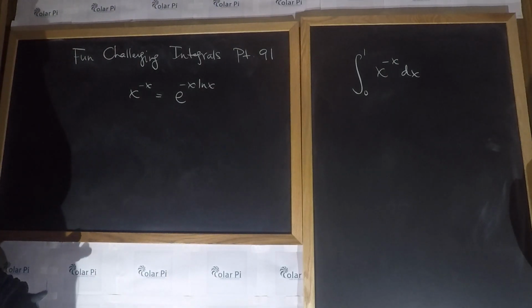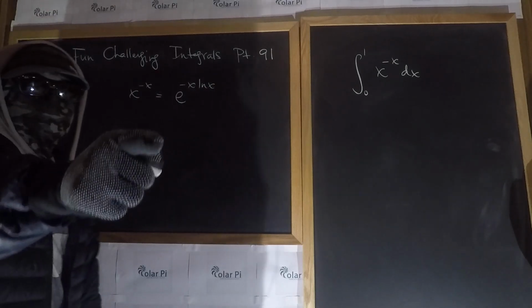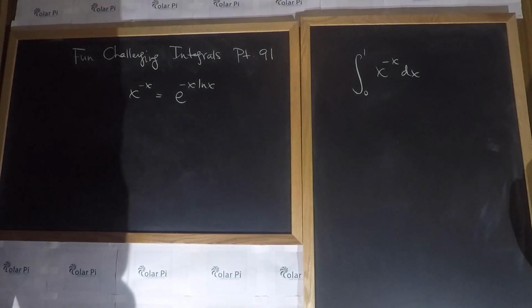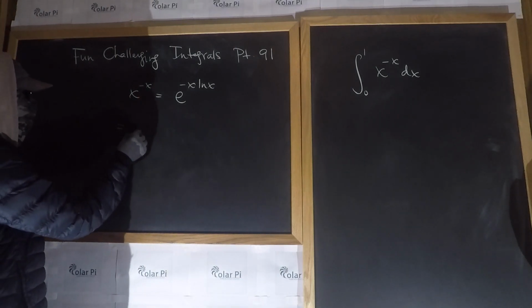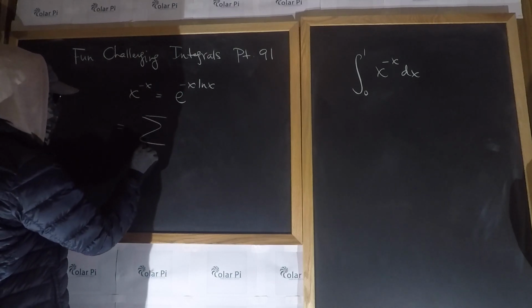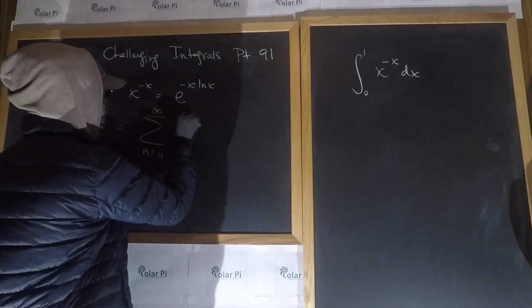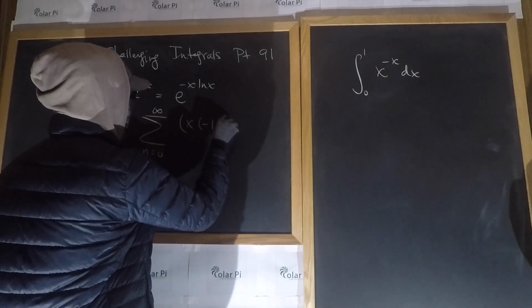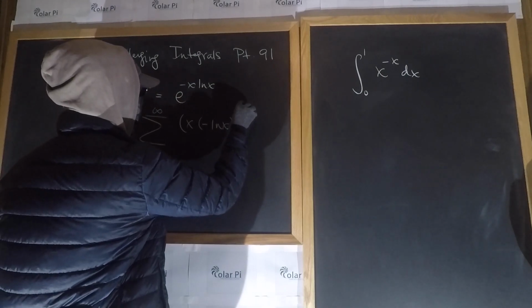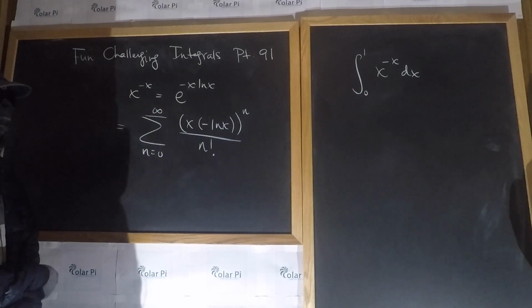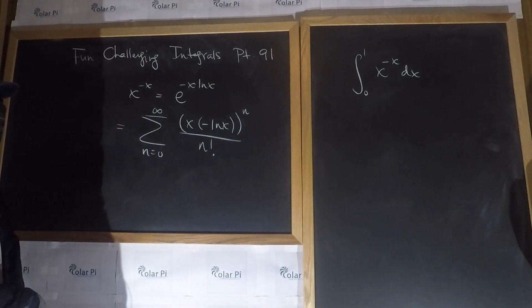And then we use the series expansion for e, and write that this is the same as the sum from n equals 0 to infinity of x times negative ln of x, to the power n, over n factorial. Of course we need integral signs, and we'll do that in a second.